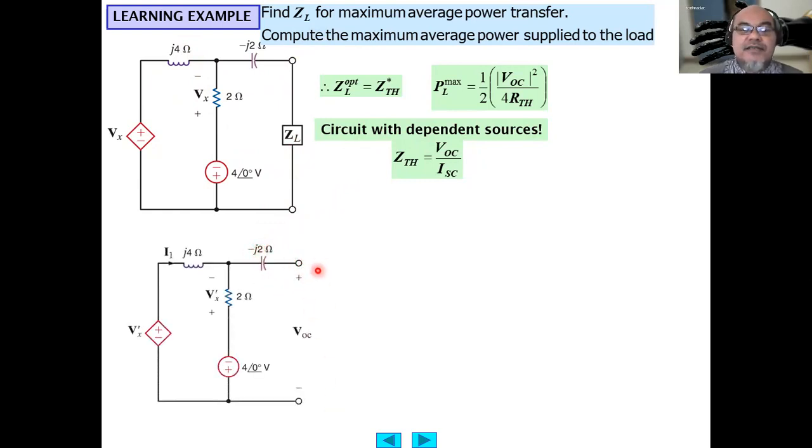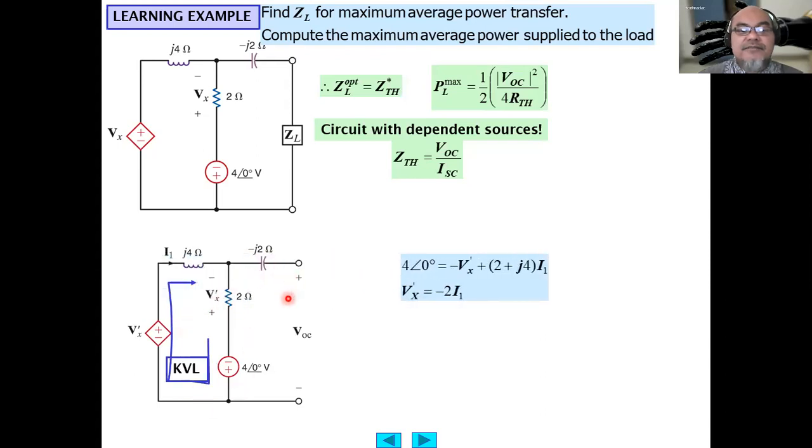So VOC is like this. Since it is not connected, it is basically the same as this voltage. Then using KVL, this is -4 plus -Vx' plus 2 plus j4 times I1.